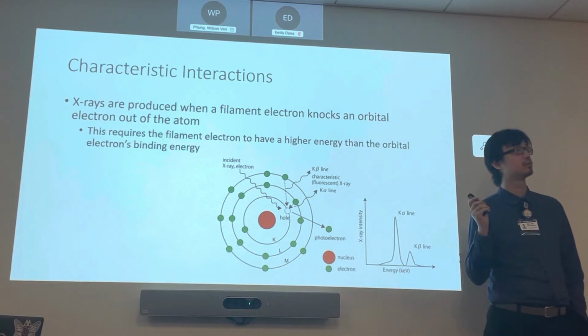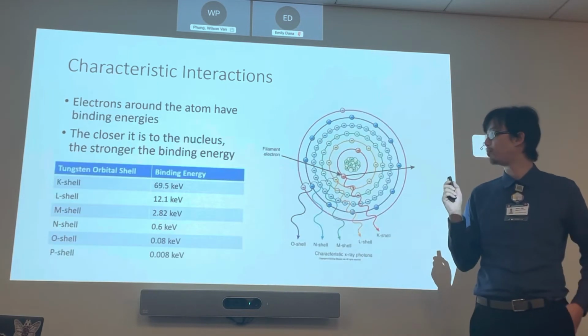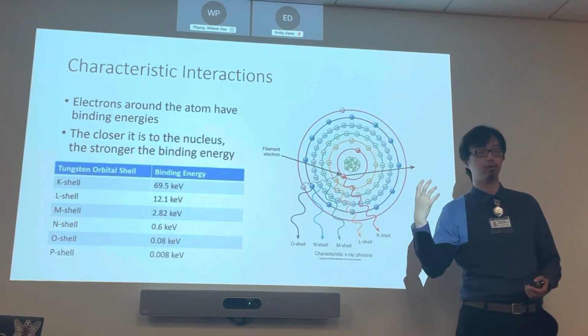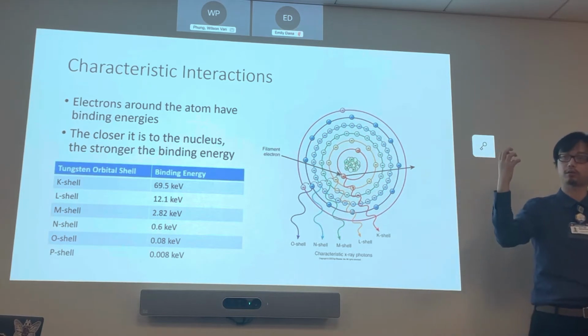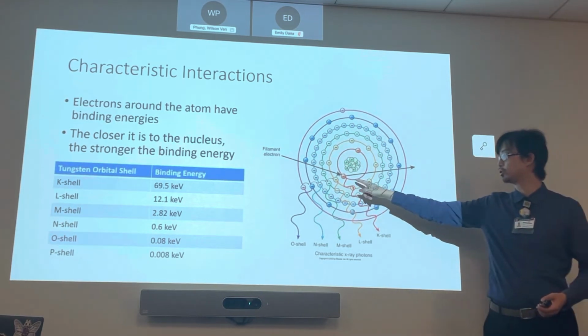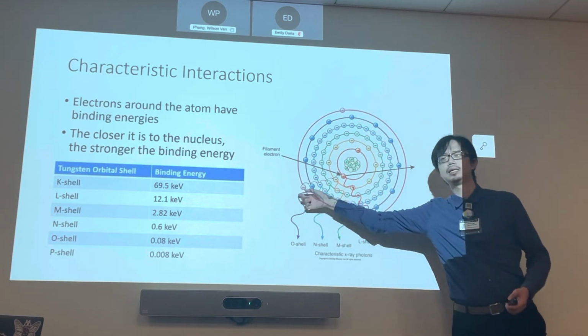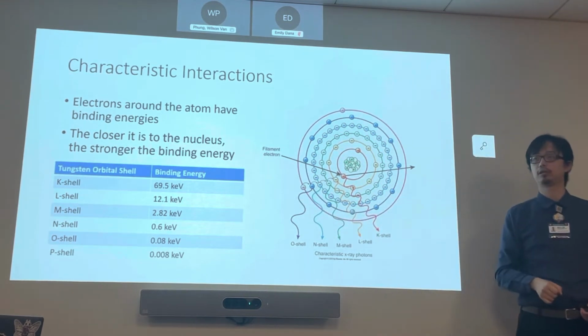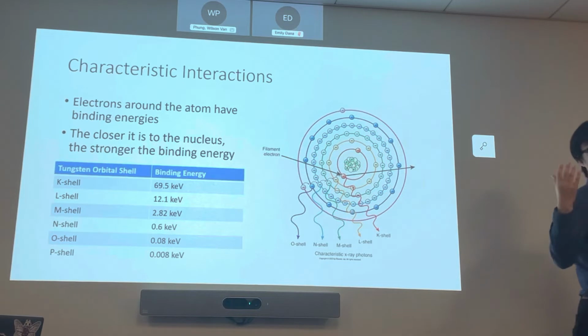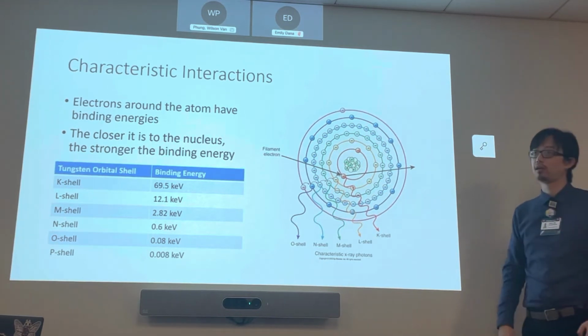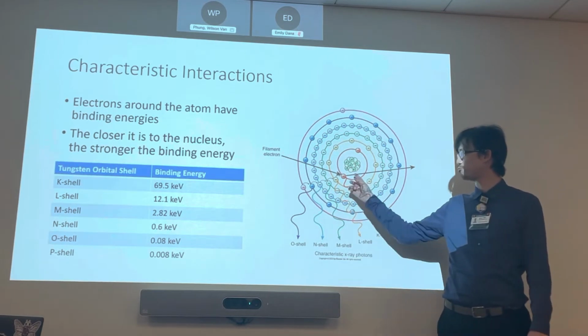So what is binding energy? Binding energy is just how tightly the atom wants to hold on to that electron. The closer it is, the more the atom wants to hold on to the electron. The farther it is, the less the atom wants to hold on to the electron. It still wants it, just not as much, right? It's like ranking favorites.